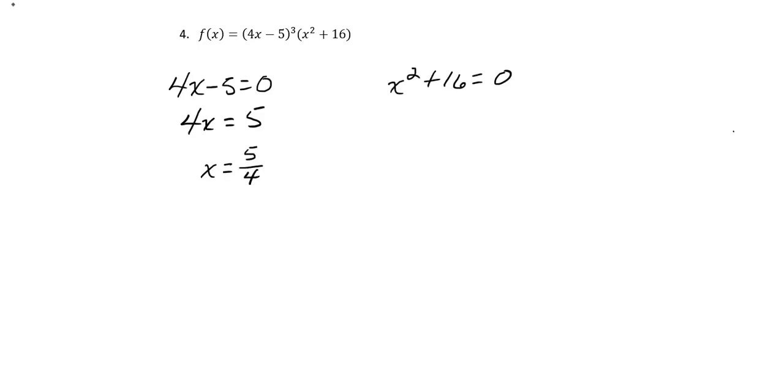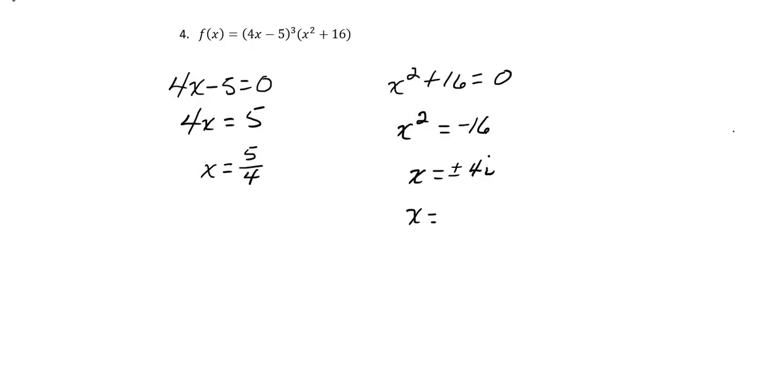This problem is already factored completely, so I just need to set each of my factors equal to 0 and solve. Now, the first factor is fairly easy to solve for. The second factor of x squared plus 16, I'm going to solve by isolating my variable. Take the square root of both sides. So I get positive and negative 4i.